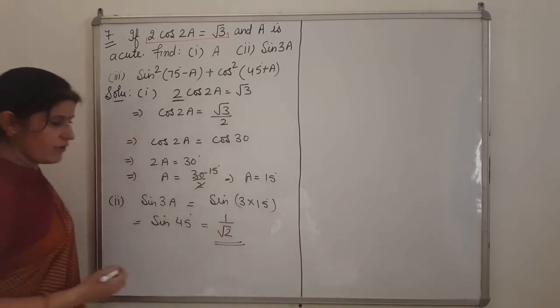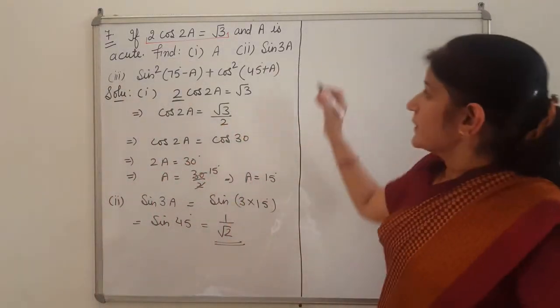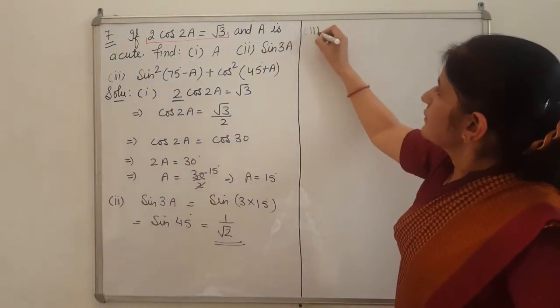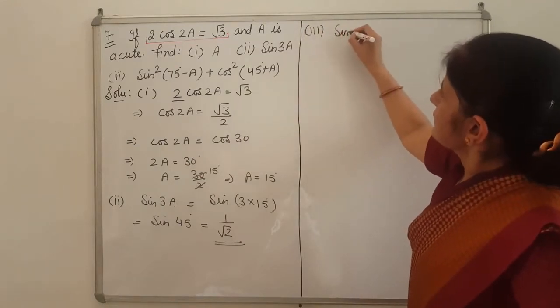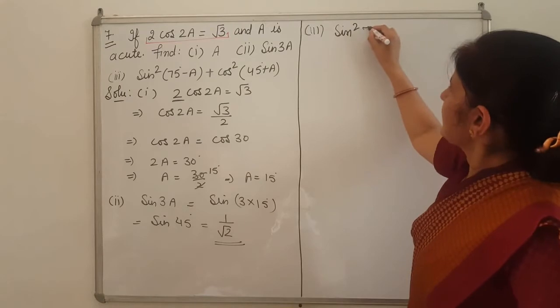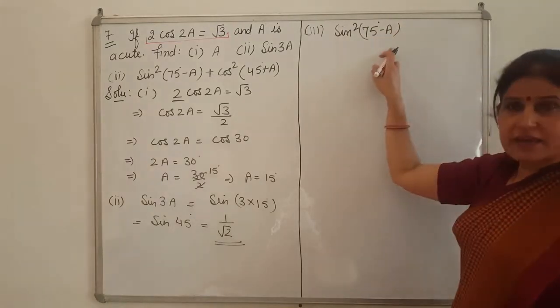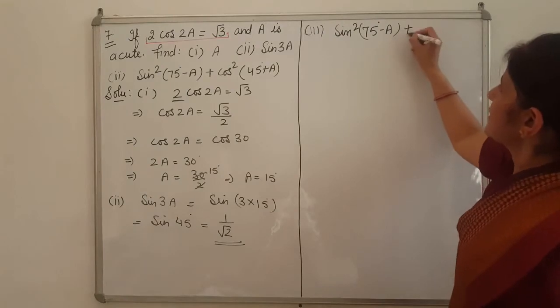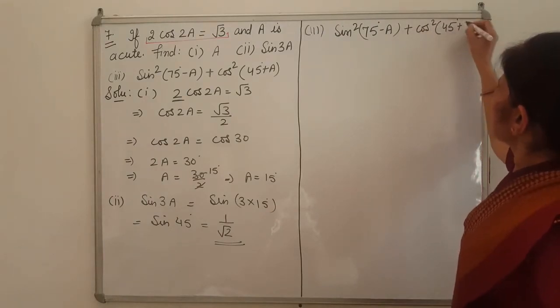So this is the answer of the second part. Now what is the third part? In the third part, what is given? Sine square 75 minus A, means you have to substitute A here. Similarly, plus cos square 45 plus A.